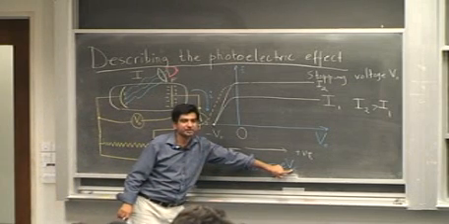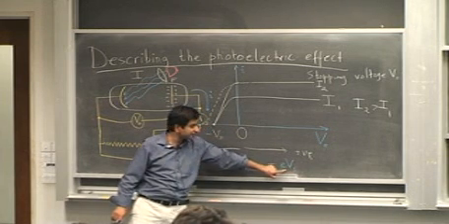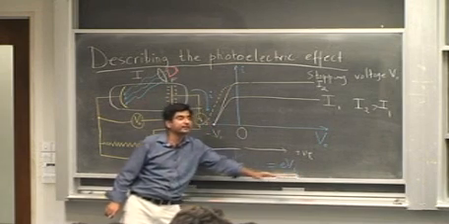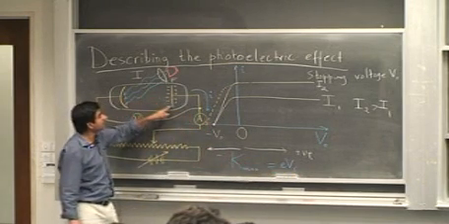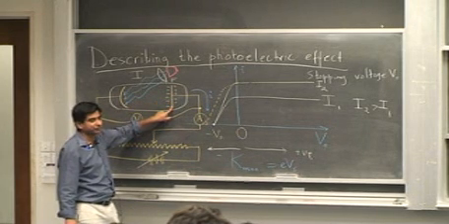This is a potential energy difference. If the potential is V, the potential energy is e times V. So this is the potential energy barrier which electrons have to surpass in order to reach this electrode.